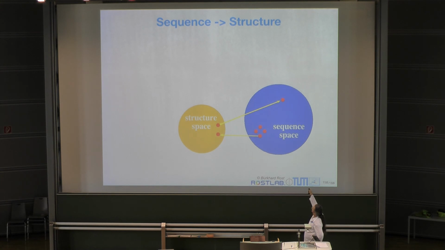So first, we've got a sequence space in blue, and structure space is smaller, because the amount of sequences map to relatively few 3D shapes that we observe. Depending on how we count that, we could argue there are maybe 10,000, maybe 100,000 shapes that we know today.